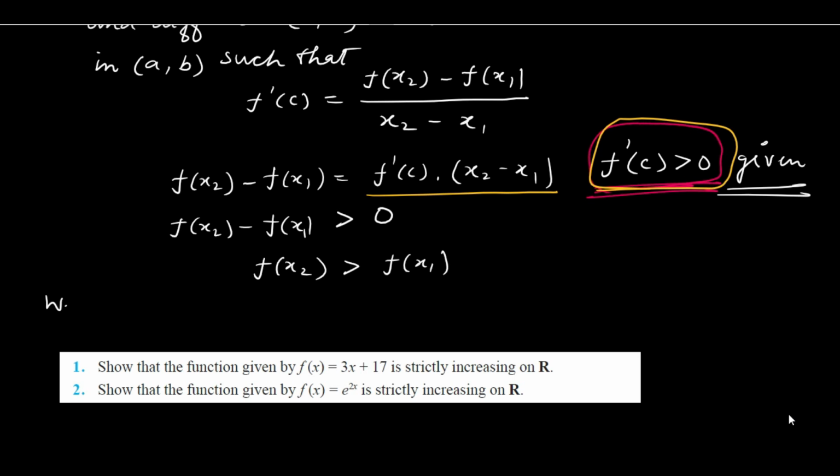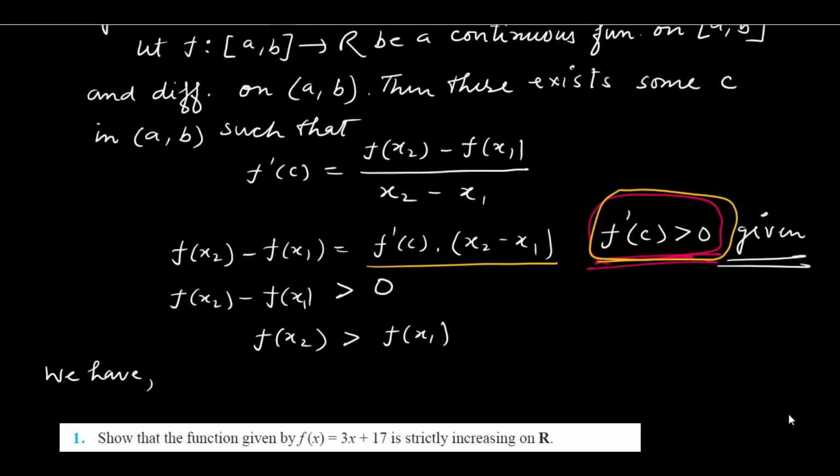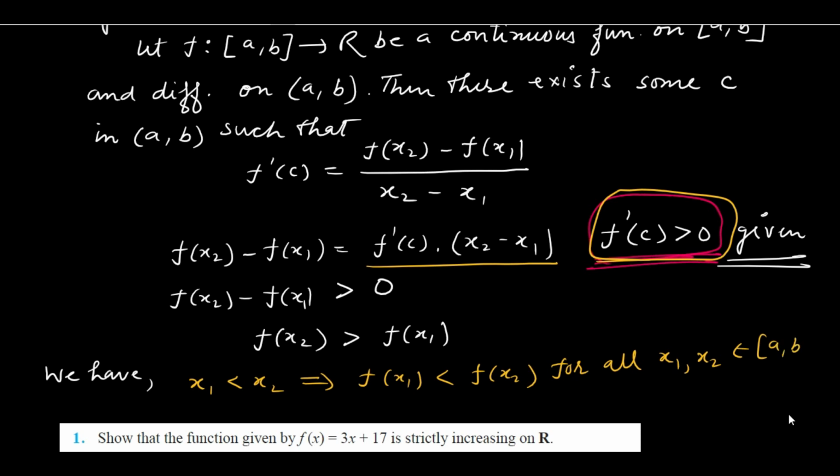In the starting we considered x1 and x2 belongs to [a,b] such that x1 is less than x2. This implies that f(x1) is less than f(x2) for all x1, x2 belongs to [a,b].